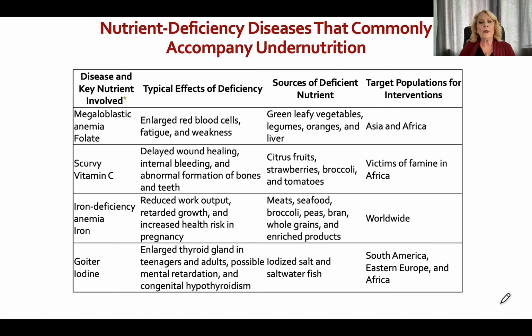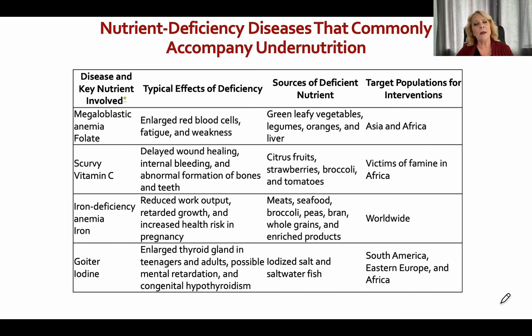Scurvy. Now, we see scurvy in the United States sometimes, especially in people who are alcoholics. But of course, again, this is in places where famine is occurring and there aren't a lot of fruits and vegetables, because this is where we get most of our vitamin C, and a lack of vitamin C causes scurvy.